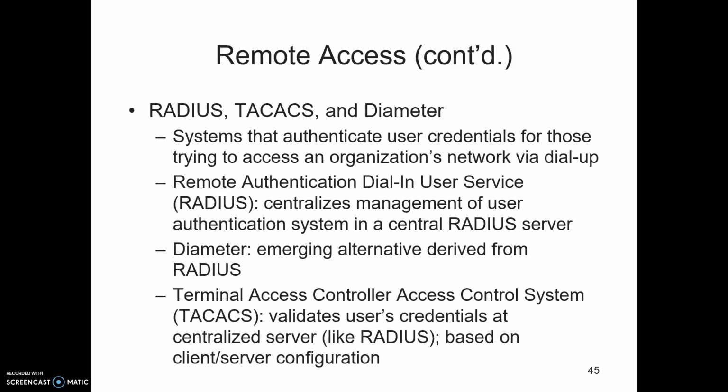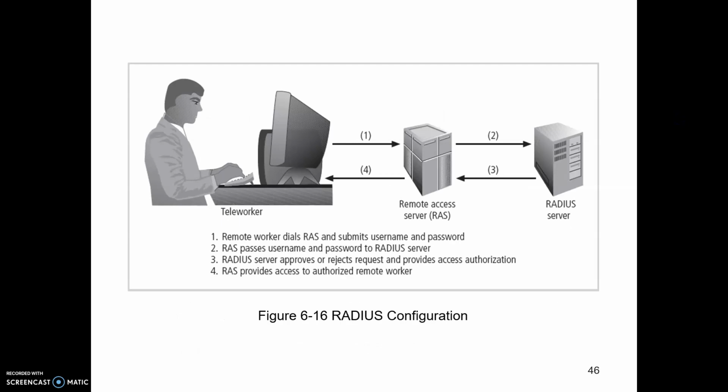Diameter is an emerging alternative derived from RADIUS. This figure shows the RADIUS configuration, and you can see what steps are used just to make sure of the authentication or the authorization of the user.